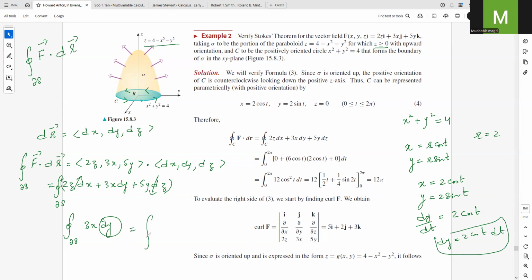So this line integral becomes the integral of 3 times x, that is 2 cosine t, times 2 cosine t dt, where the parameter t runs from 0 to 2 pi, since to complete one rotation of this circle we need to move t from 0 to 2 pi.